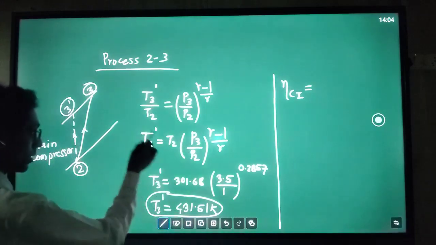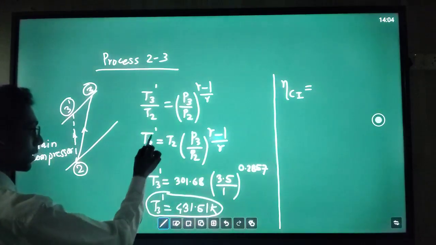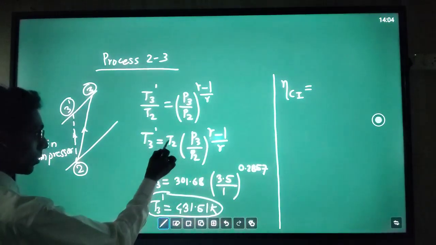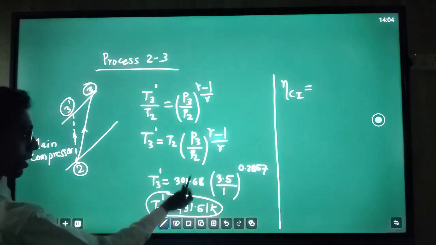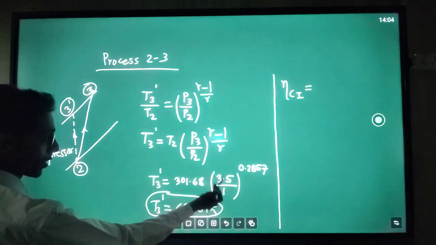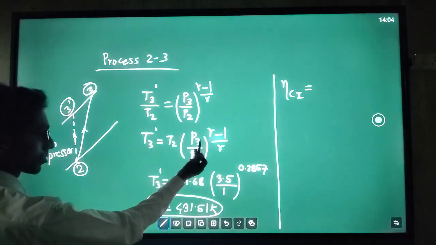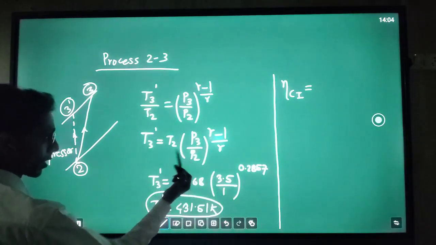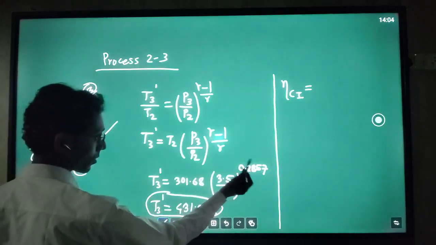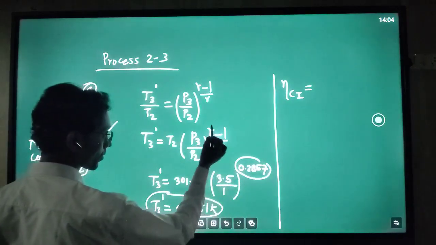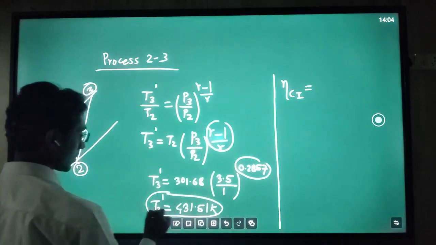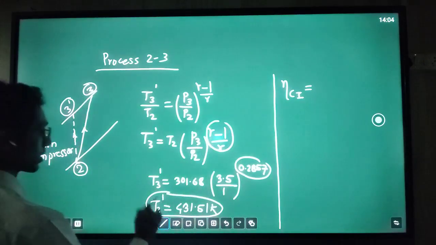This is the arrangement of the formula in order to find T3 dash. Putting the value of T2 calculated in the last step. P3 and P2 are given: 3.5 is P3, after the first compressor, and P2 is after ramming. By doing the calculation, we get T3 dash.